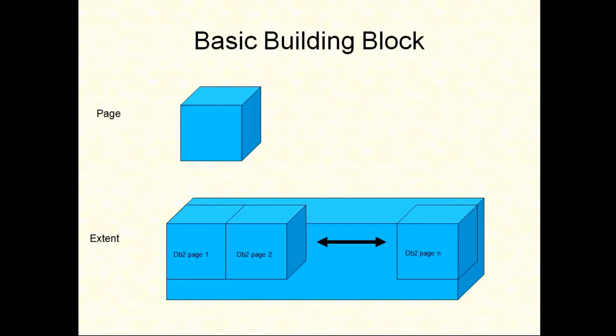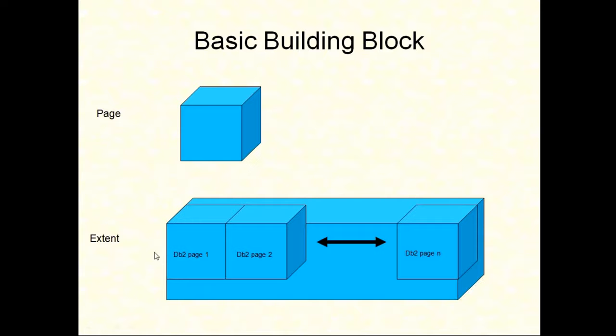Generally, the OS manages pages of size 4 KB, 8 KB, 16 KB, and 32 KB, and the same concept is used by DB2. If you can see this, this is a page. This page can be 4K, 8K, 16K, or 32K. That means a page can hold data up to 4 KB, 8 KB, 16 KB, or 32 KB based on the design you have chosen.